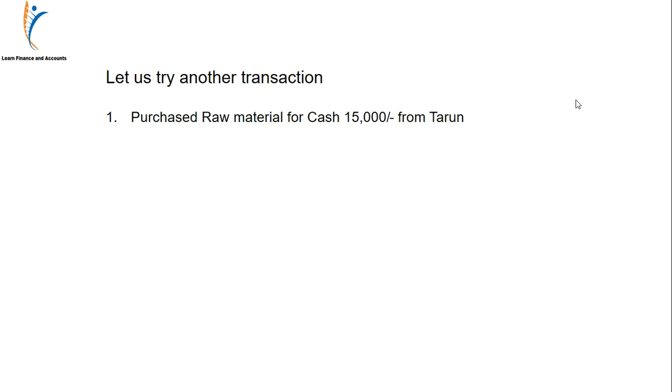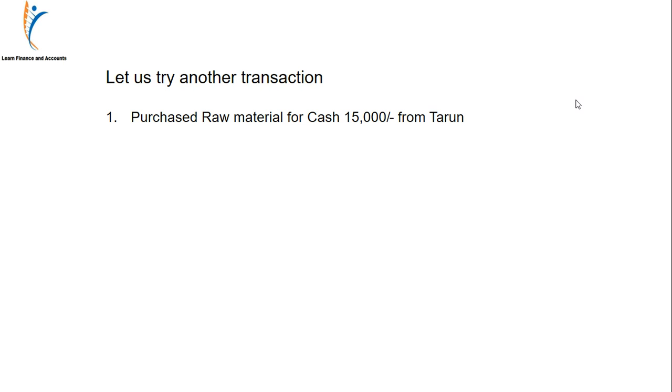Raw material is coming into the organization. Earlier we had zero raw material. Now raw material of 15,000 has come into the organization. So it is increasing, and when assets increase, the account will be debited. So raw material account will be debited and cash account will be credited.